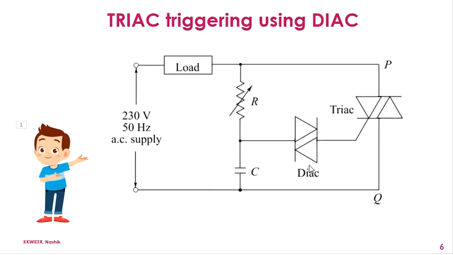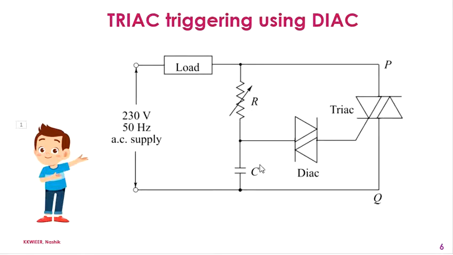A phase controlled circuit using TRIAC is shown over here, which uses DIAC to trigger it. The goal of DIAC in this circuit is to ensure the TRIAC receives a very clean and fast trigger pulse. During the positive half cycle, when P is positive, the TRIAC requires a positive gate signal for turning it on.